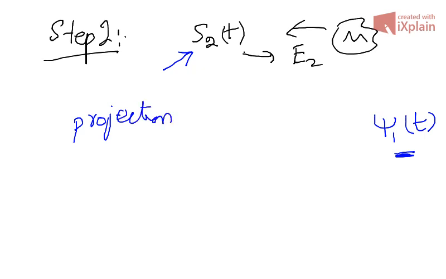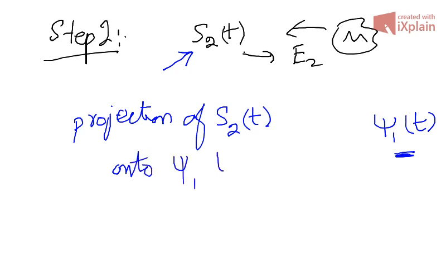We find the projection of S2 of t onto psi 1, because this is a non-orthogonal signal, so it has a projection. If it has any projection on psi 1, we have to find it out, and then we would like to subtract that projection from S2, right?